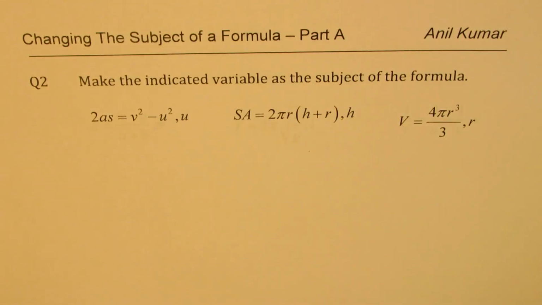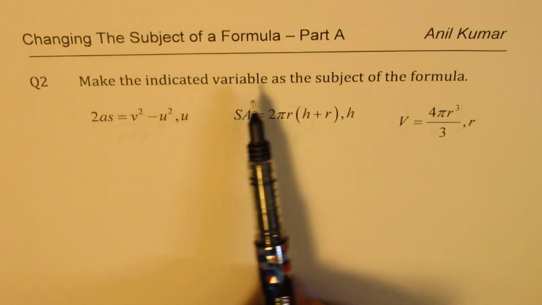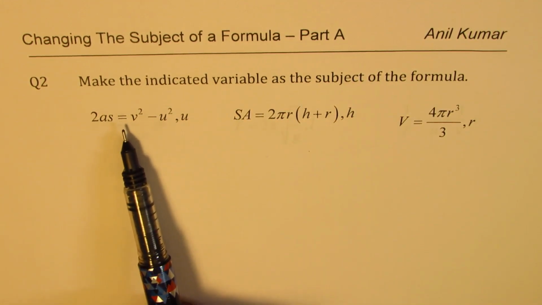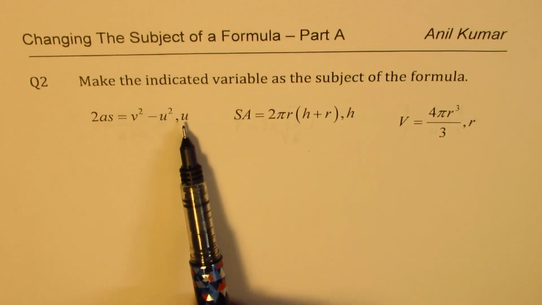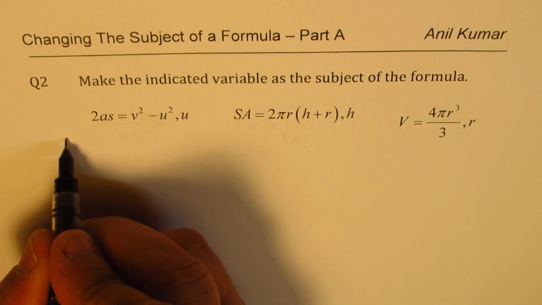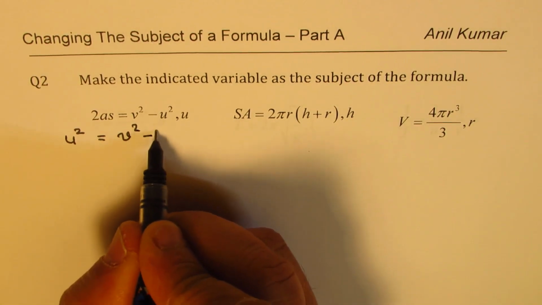Now let's take the other variety of this same, which is we have these three formulas now. Make the indicated variable the subject of the formula: 2as equals v square minus u square, make u the subject. Now we can bring this u square to the left, so it becomes u square, and on this side we have v square minus 2as.